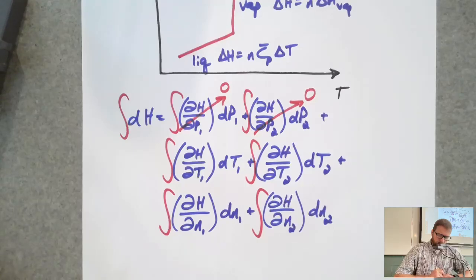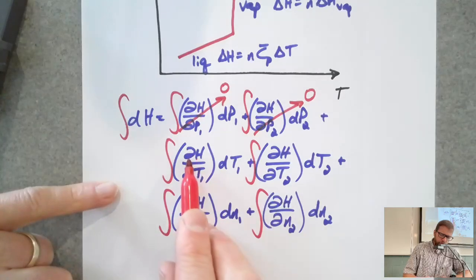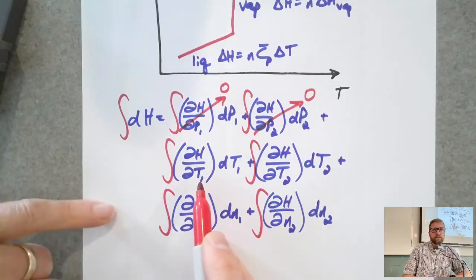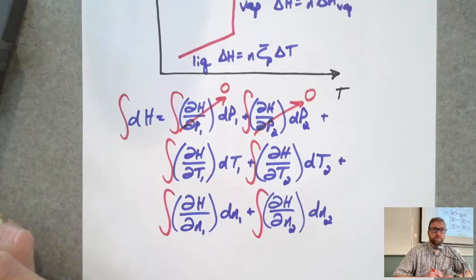So, okay, what is the partial of H with respect to T? Partial of H with respect to T. It's the heat capacity.